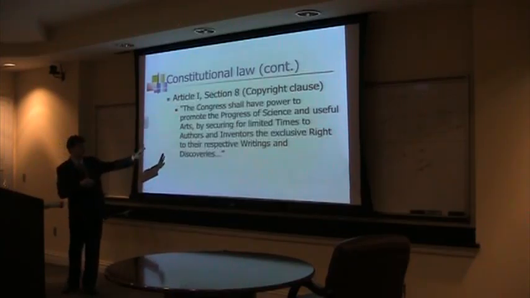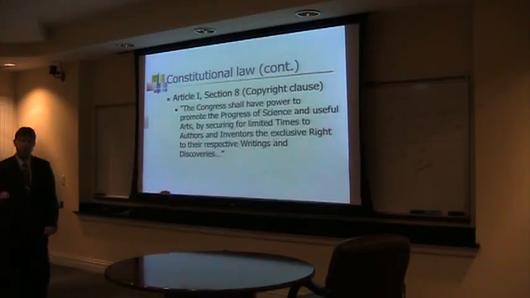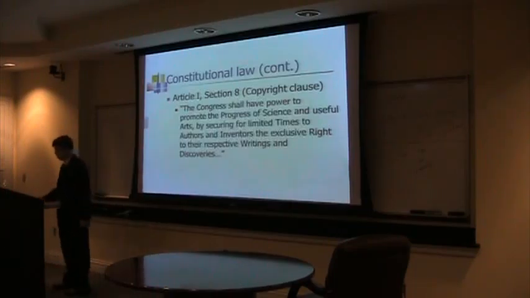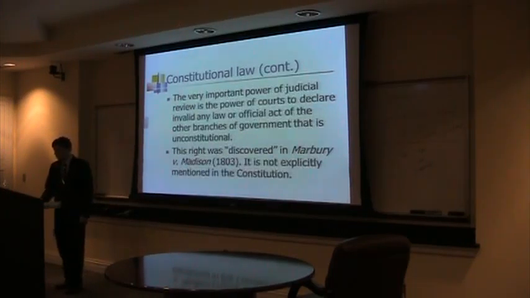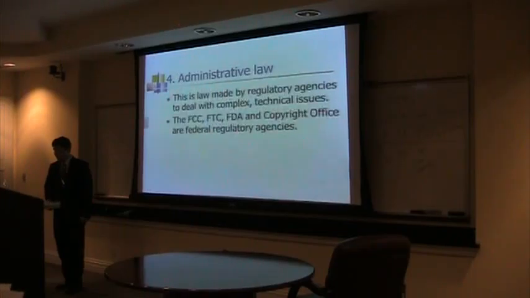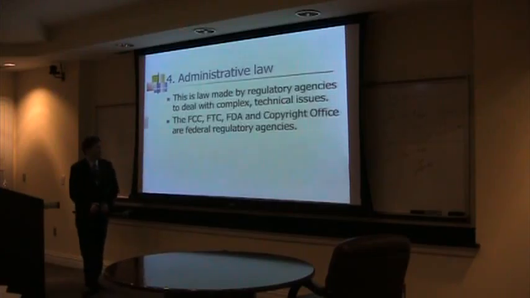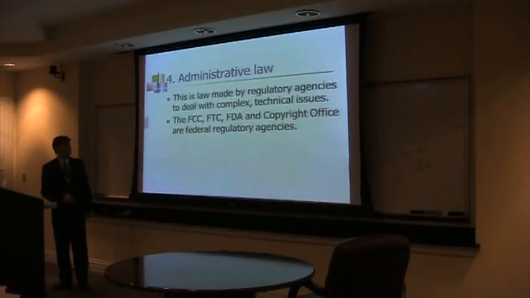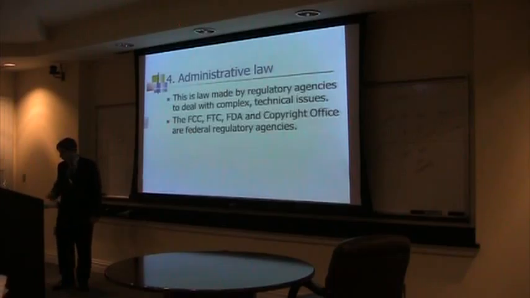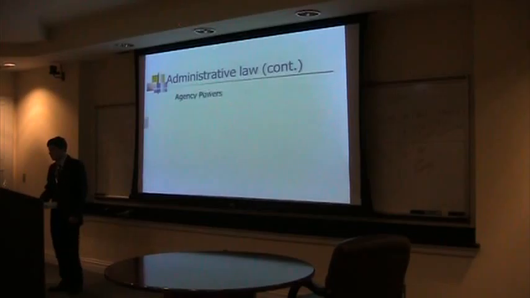And this is an enumerated power. They actually specifically said, here's one power that Congress has. And we talked about judicial review. And we talked about the regulatory agencies, and these are the three that we'll be looking at. We'll talk for like 1 second about the Copyright Office. The FCC, FTC, and FDA are the ones that we'll talk about.